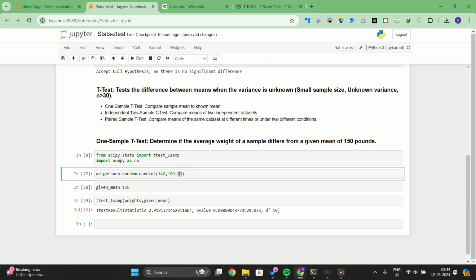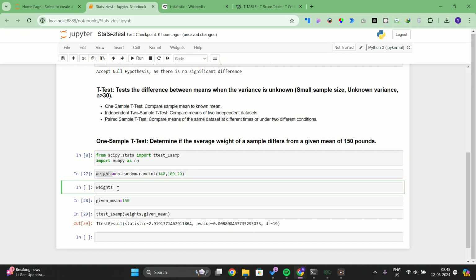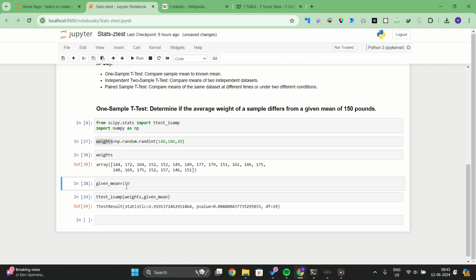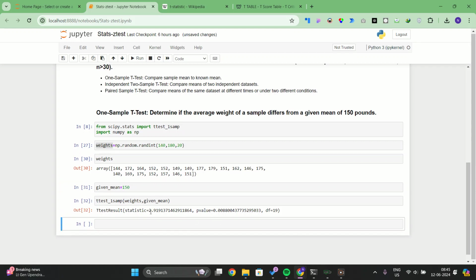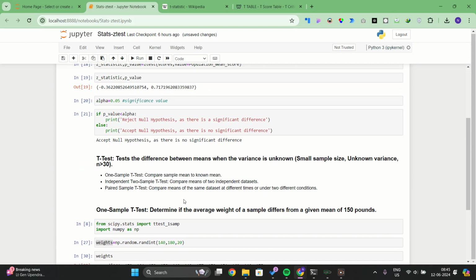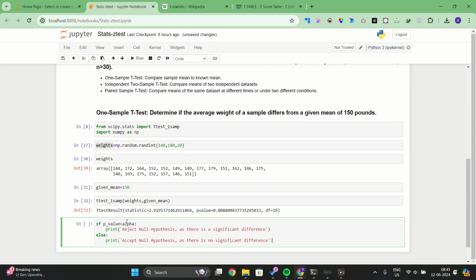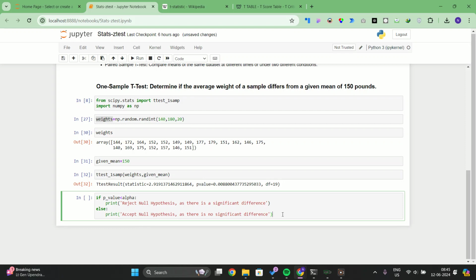So we have 20 samples, 140 being the minimum, 180 being the highest. This is our sample of 20 points, and after we run it, we get this particular value. The statistic is 2.91 and the p-value is 0.008, which means we'll be rejecting the null hypothesis since we have a significant difference.